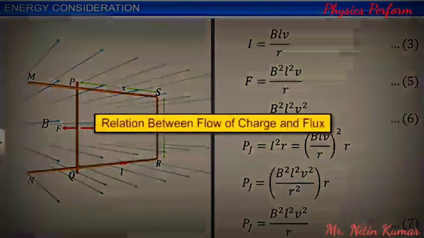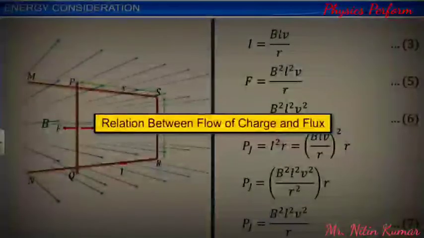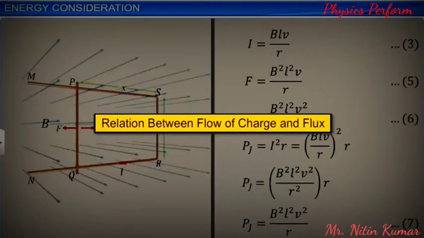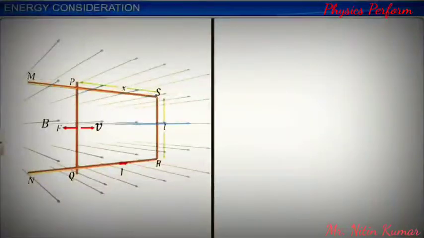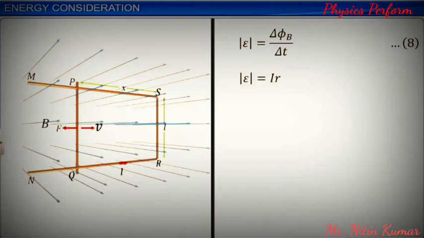Let us now study the relationship between the flow of charge through the arm PQ and the flux. From Faraday's law, we have learned that the magnitude of the induced EMF, modulus E, is equal to the change in magnetic flux, delta phi B by delta t. Let this be equation 8. However, the EMF induced in the circuit is equal to IR.